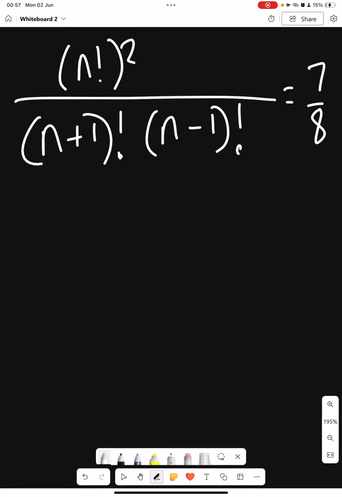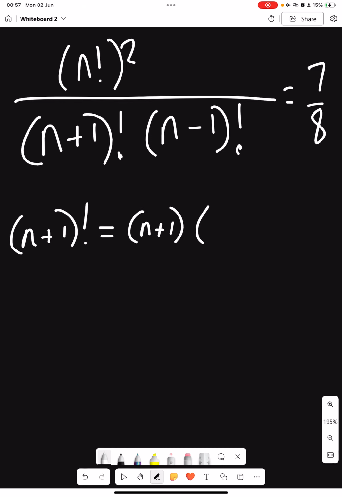So here, I'm going to go at the bottom and say this one, this factorial, can be written as n plus 1 multiplied by n factorial.